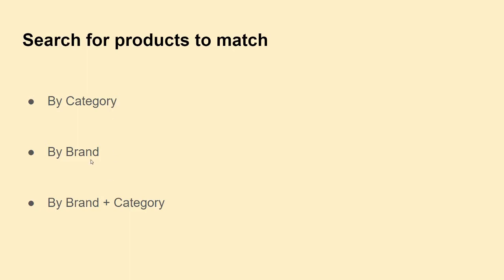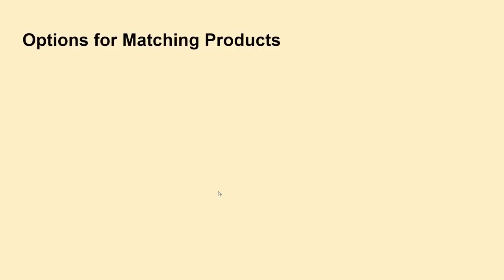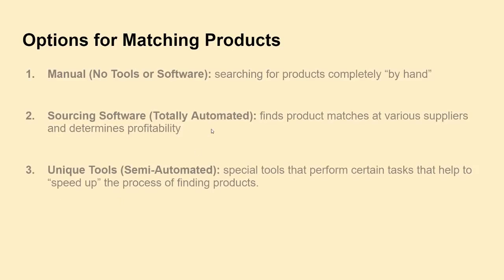If you have a particular brand, you can put in Reebok, or Nike, for instance. Or you can combine the brand with a category. You could put Reebok sneakers, or Reebok sweatpants, or Nike sweatpants, and so on and so forth. So there are basically different ways that you can do your search phrases.